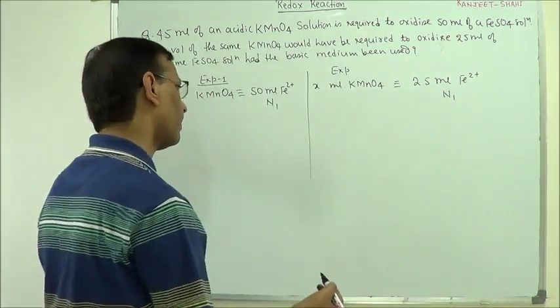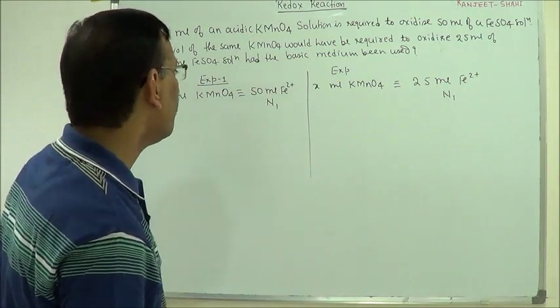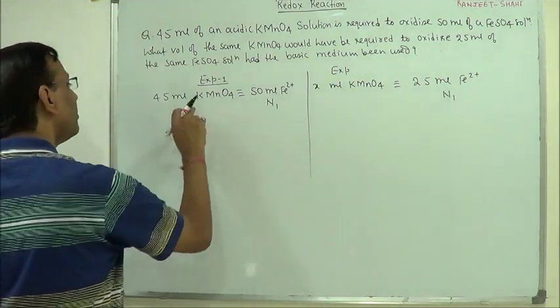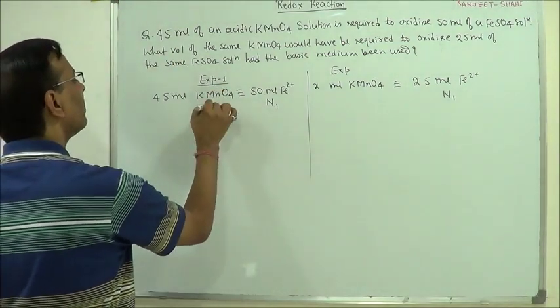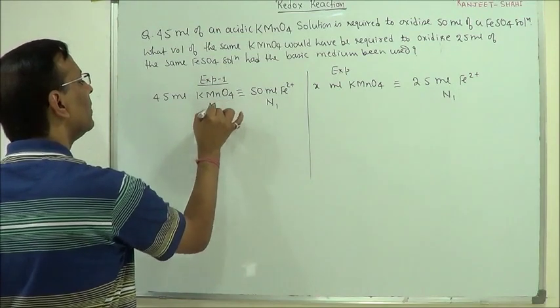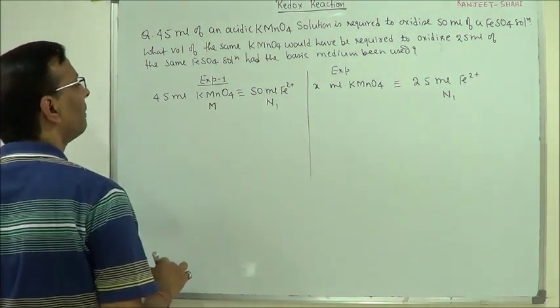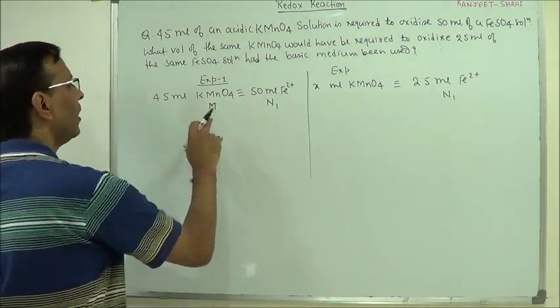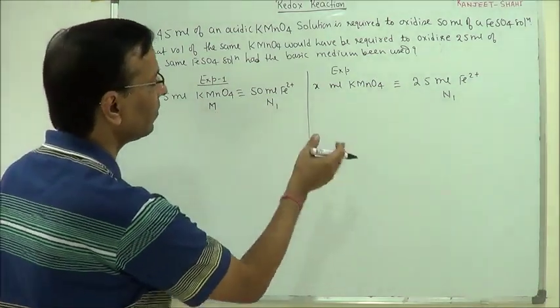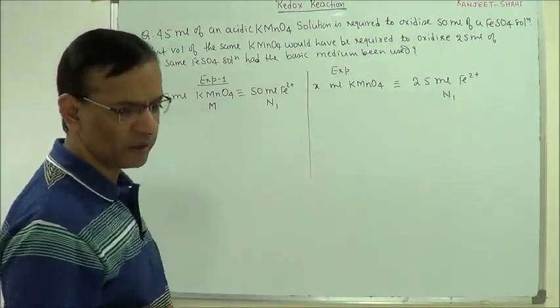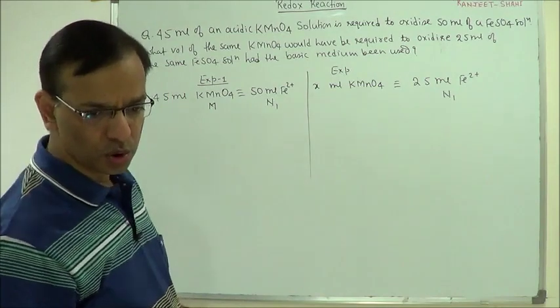Now assume molarity of potassium permanganate be M. So molarity of potassium permanganate will be the same, since the same potassium permanganate solution is used.